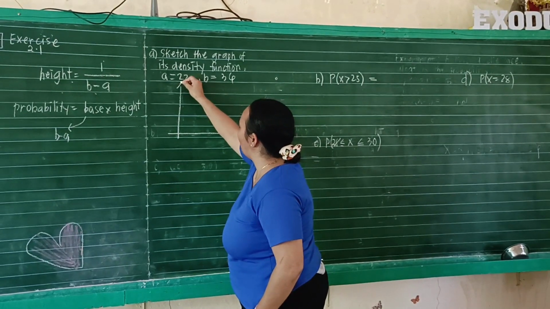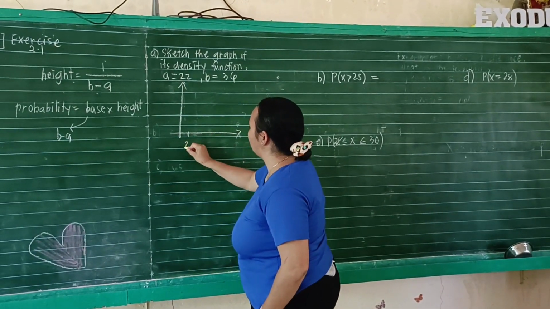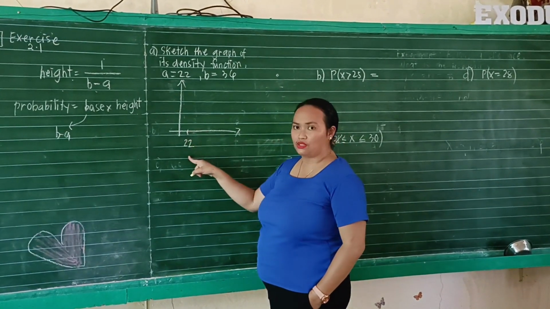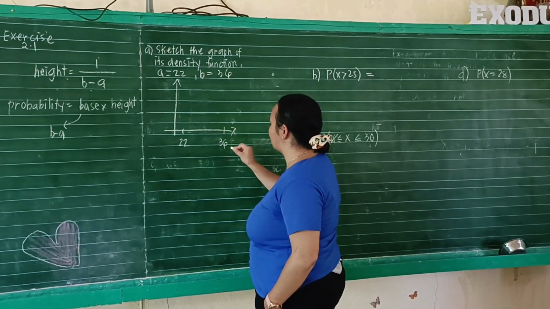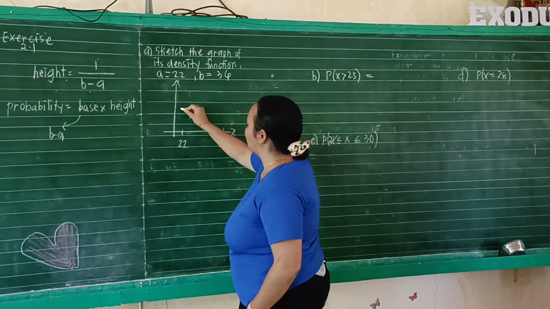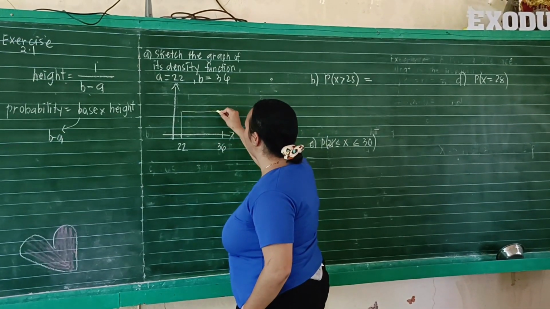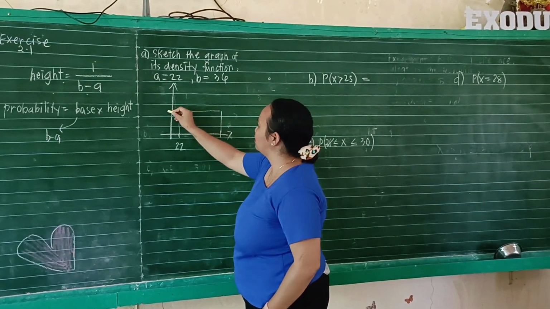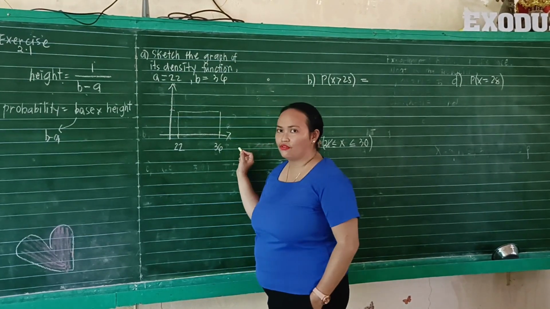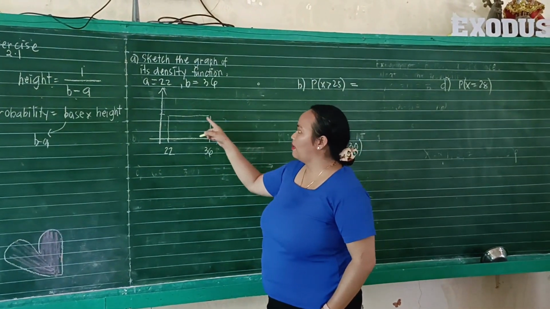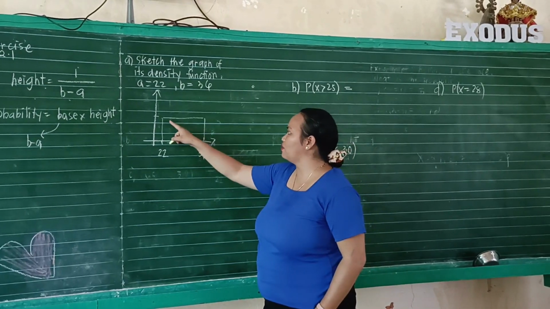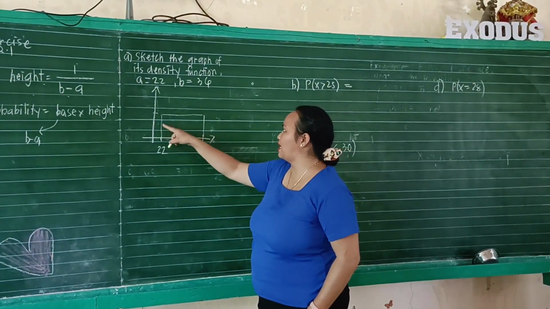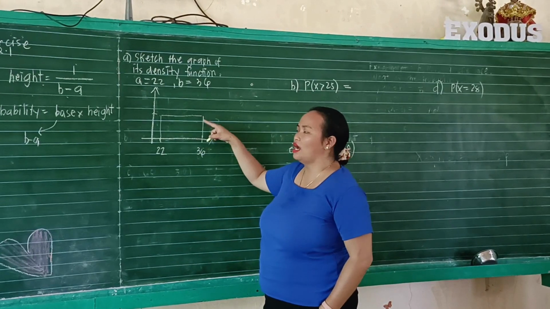So, ang atong lowest kay 22, ang atong highest kay 36, na ang pangutana na lang is pila ang height ani nga graph. So, as you can see, rectangle na ko siya. When you say uniform distribution, ang values from 22 to 36 kay uniform na iyahang height.